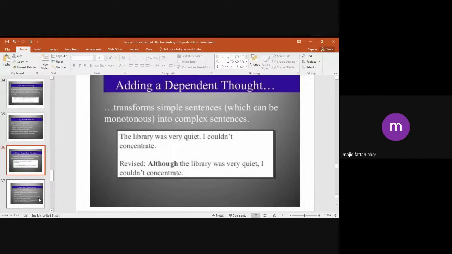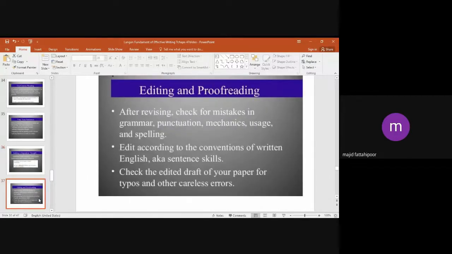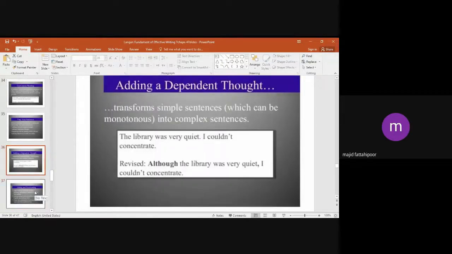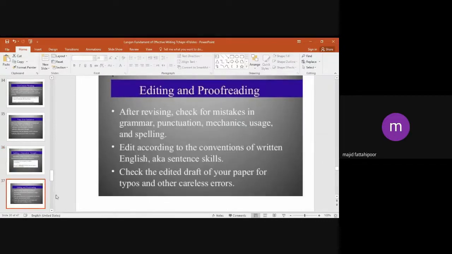But in the revised form, it's not. You can say, although the library was very quiet, I couldn't concentrate. So it doesn't depend on my quality of voice, it depends on the short sentences. More than one short sentence is not very good if you can combine it into one complex sentence. Please do.